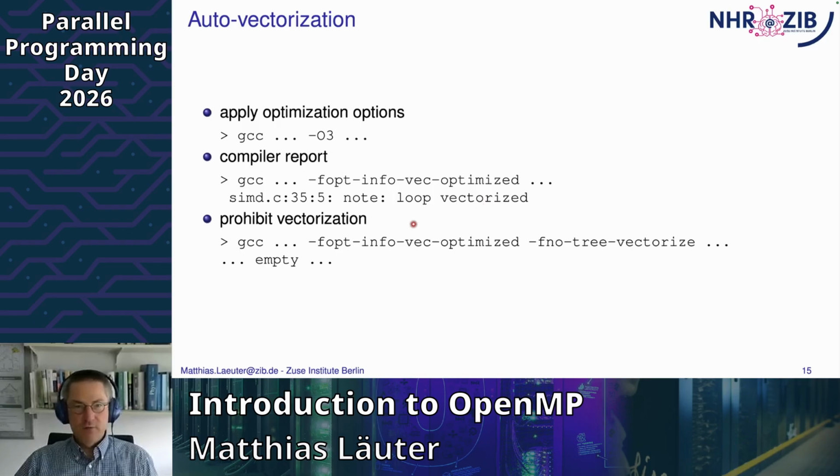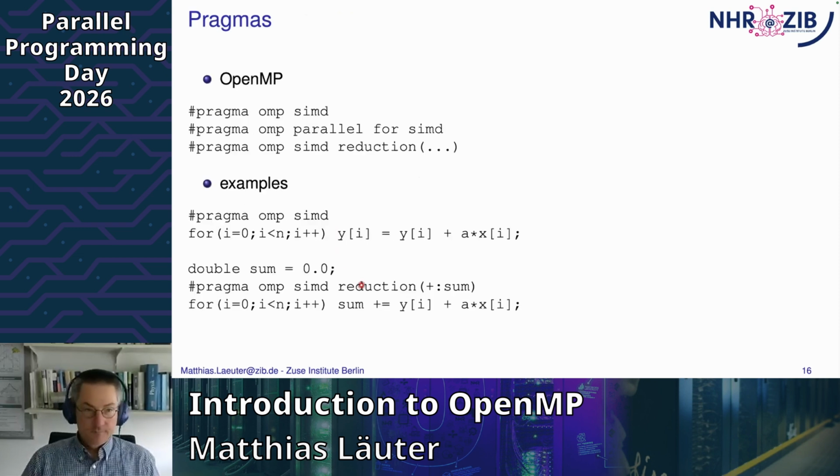Great, successful. Of course, you can apply optimization O3 and forbid the compiler to vectorize the code, and then the report will be empty because no loop will be vectorized. Okay, great.